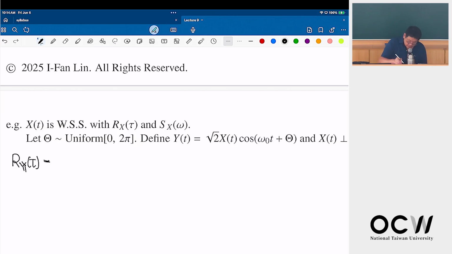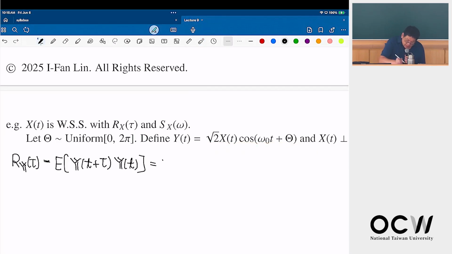So for the autocorrelation of y, that's expectation y(t+tau) times y(t). So we have y here.